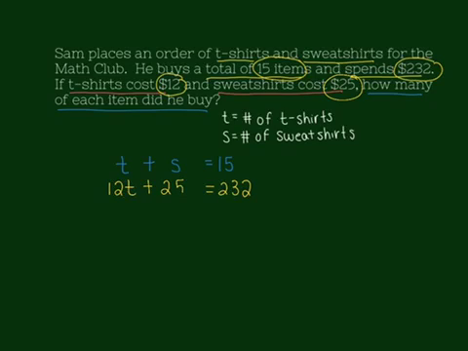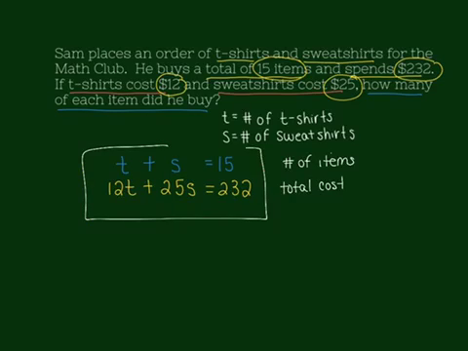So 25 times the number of sweatshirts he bought. So we have an equation right here for the number of items, because that's one thing that we knew, and another one for the total cost, which is the other piece of information we were given. Now we can use these 2 equations to solve.